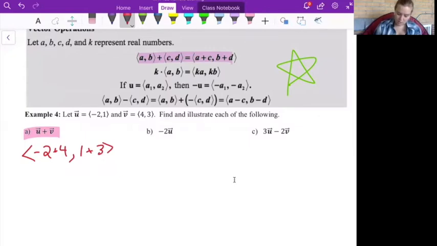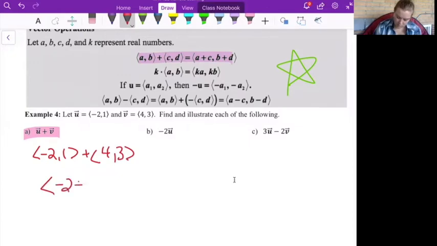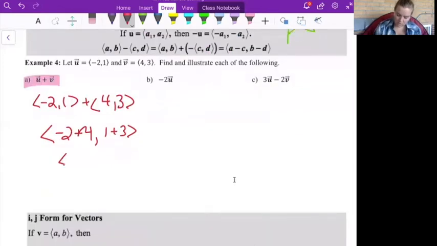Here, hold on, let me write this up. So we're taking -2, 1 plus 4, 3. So we get -2 plus 4, comma 1 plus 3. And so then this would give us 2, 4 as our vector u plus v.